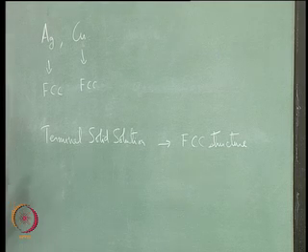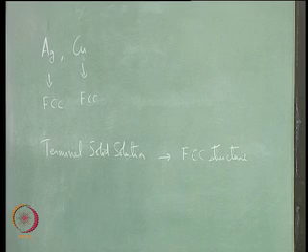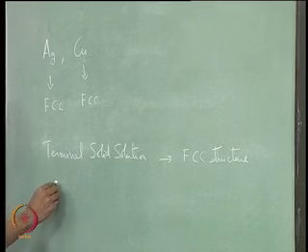Then as you start adding the alloying element, you will cross some composition, some particular percentage of the alloying element, at which point the structure changes to BCC.